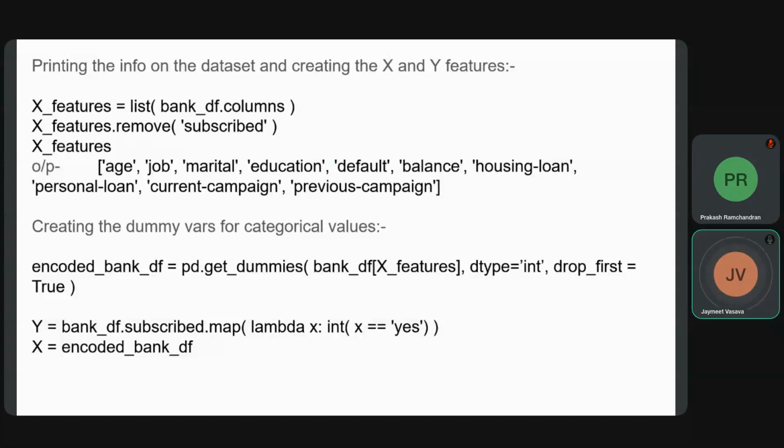So, of course, when we are using the logistic regression model, we have to build the X features and Y features. We are building the X features by removing the subscribed column, which will become our dependent variable. From those X features we will be creating the dummy variables and naming it encoded bank DF, which will be used as the X features, or the independent values.